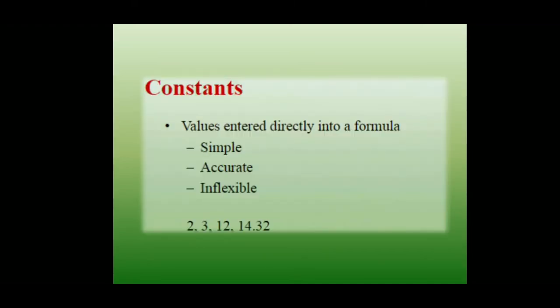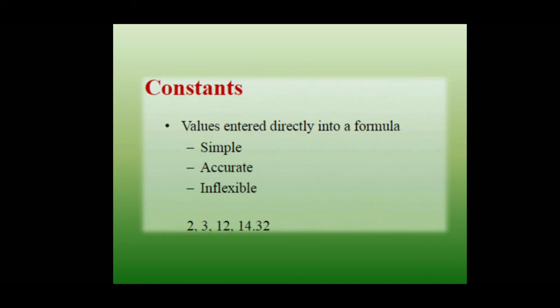Alright, now what is a constant? Constants are the values which are entered directly into the formula, meaning these are fixed values. As in the previous example I showed you, the 3 was a constant. Whatever formula you apply and drag, the 3 will always remain 3. These values are simple, accurate, and inflexible.